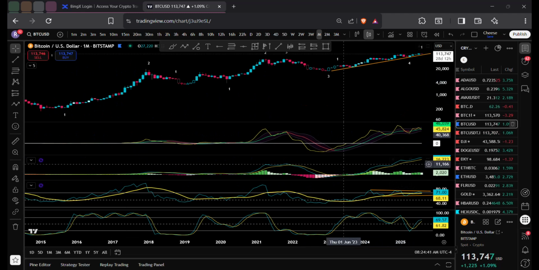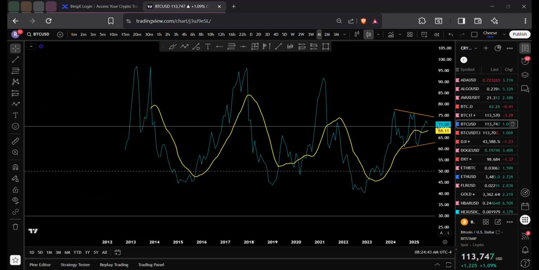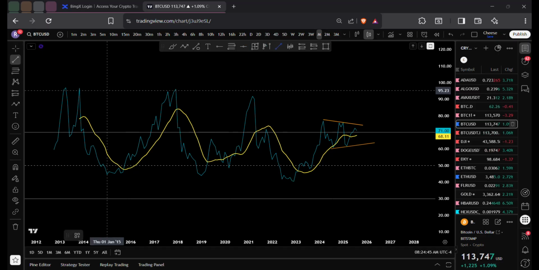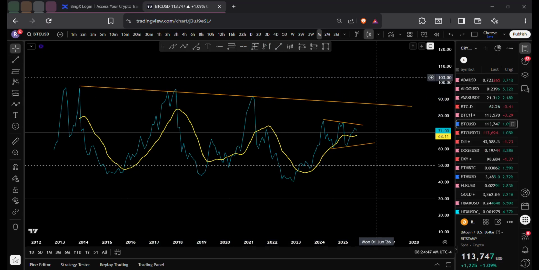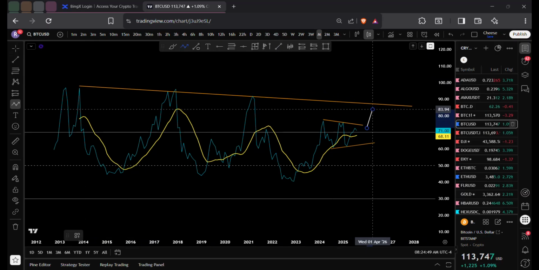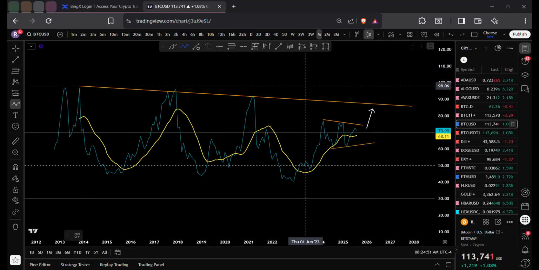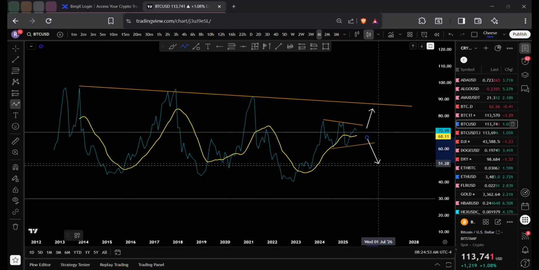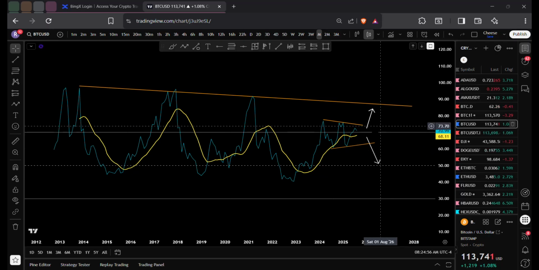What does that mean? The measured move up is to this level. Literally, from here to here. The measured move down is from here to here. This is understanding your risk to the 50, reward to the 84. Where do I think this eventually plays out?